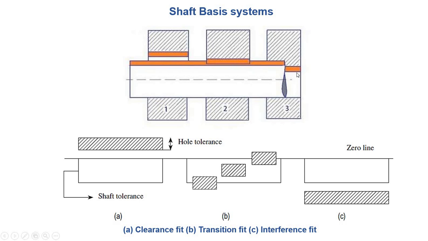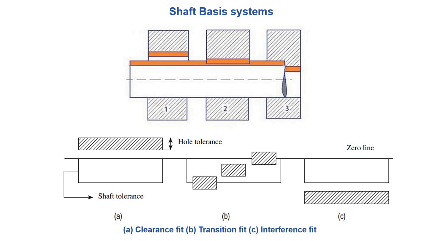And if we are utilizing an interference fit, with a size of 5/4, then we have to buy a third tool to have that interference fit. Okay, so in this system the number of tools increases, or our tool inventory increases.